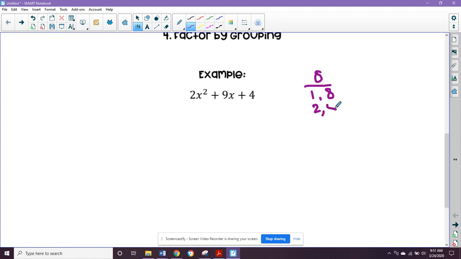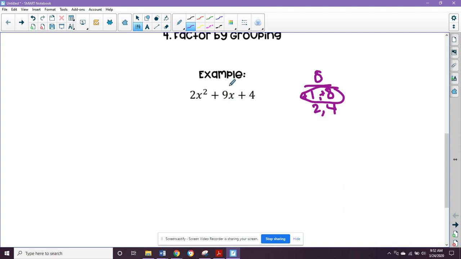So what combination, if we add or subtract these, will get our middle term b? If we do positive 1 plus positive 8, we get 9.